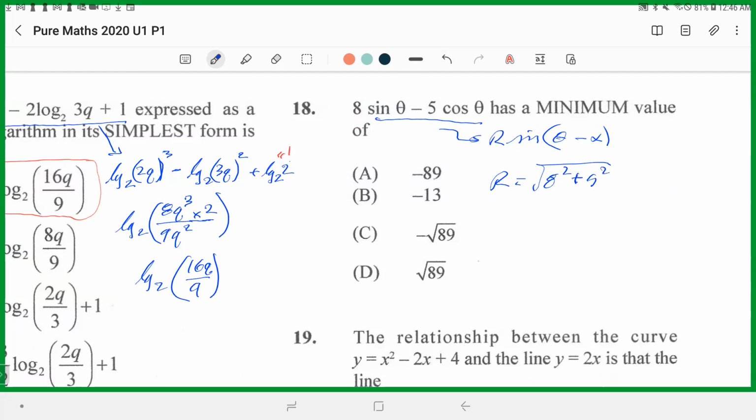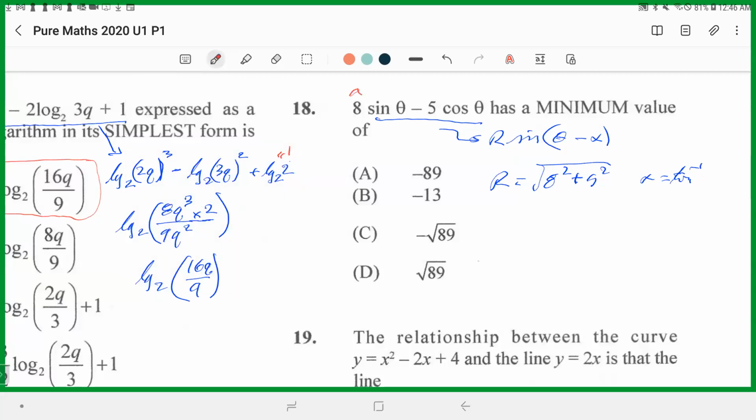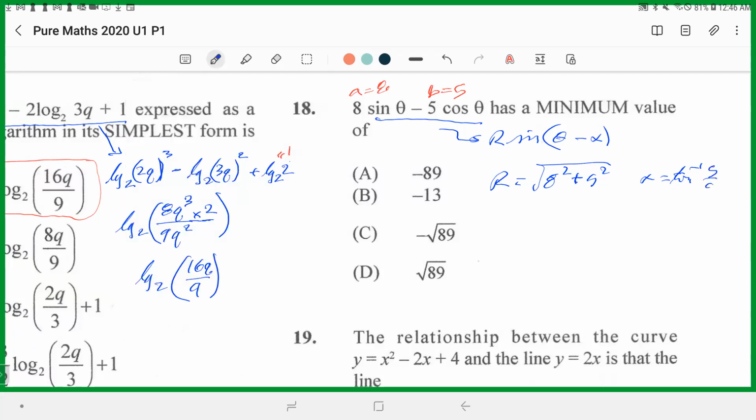And the alpha is tan to the minus 1 of b over a. So a equals 8, b equals 5. So tan to the minus 1 of b over a becomes tan to the minus 1 of 5 over 8. But you don't need this angle.